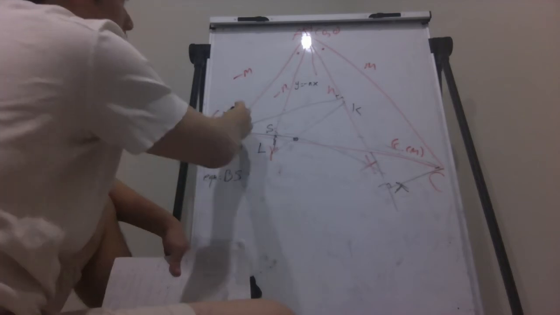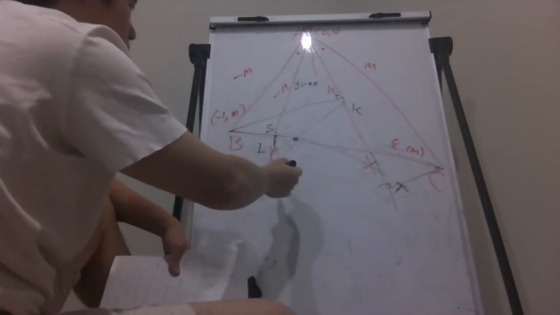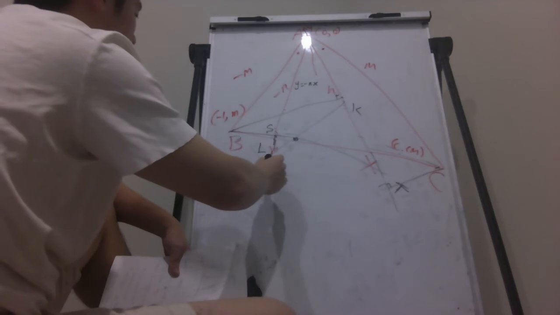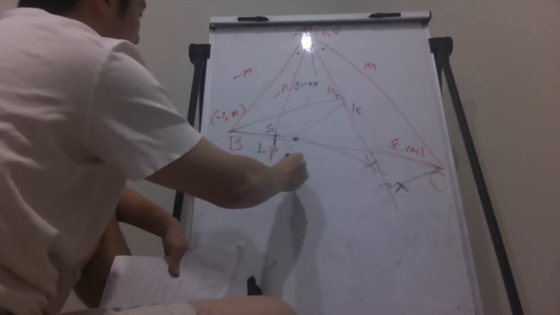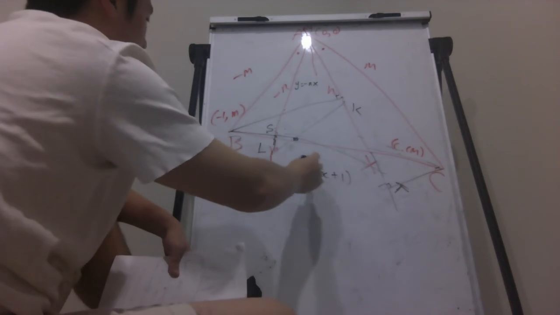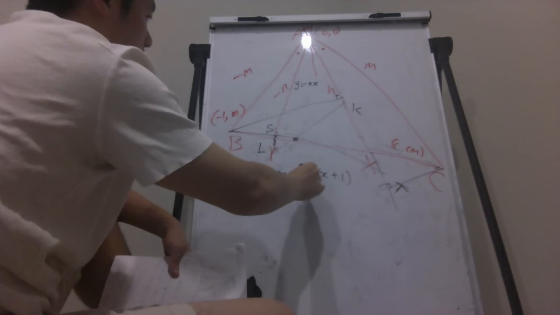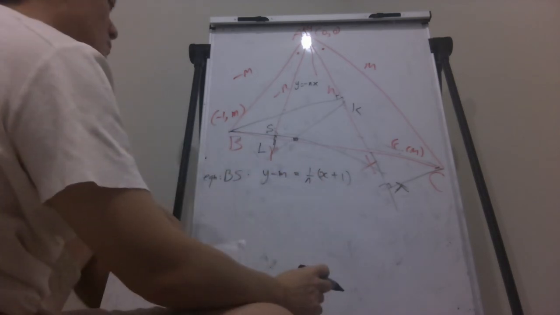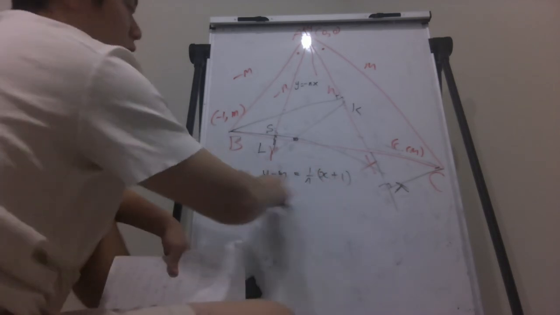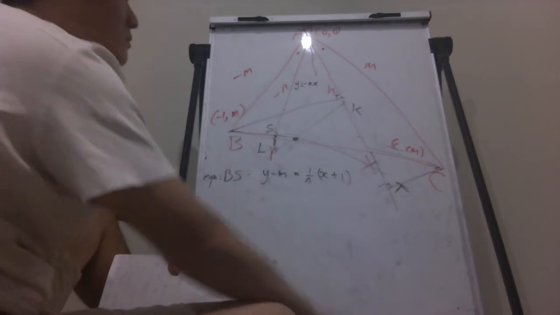It goes through minus 1, m, yeah? Didn't you learn this in school? Why can't you apply it? Oh, so it's like y minus m over x plus 1 is equal to the slope of BS. Yeah, so we don't do over, we multiply. That's actually more convenient, to be honest, because if you do over, you lose x equals minus 1. So that wouldn't be the full line, it would just be like 2 rays.